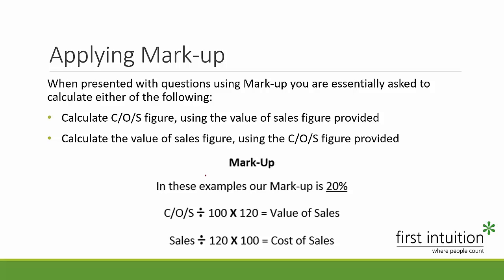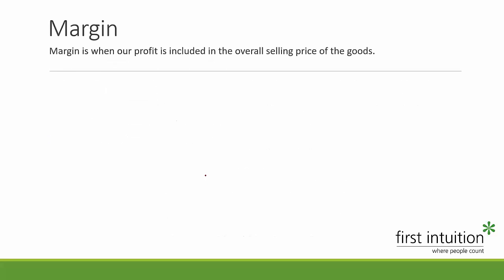If we want to work out our cost of sales, we do the same calculation but swap around the multiplication. We'll be given the sales figure, divide that by 120, then multiply that by 100. That is it. Markup and margin causes so many headaches for people, but those are the only two calculations you will be expected to perform. You'll see how that ties in with incomplete records next week, but for the moment, we want to focus on making sure we can nail these calculations.